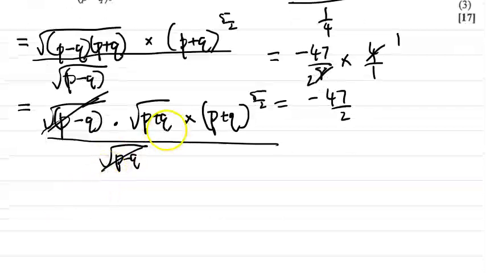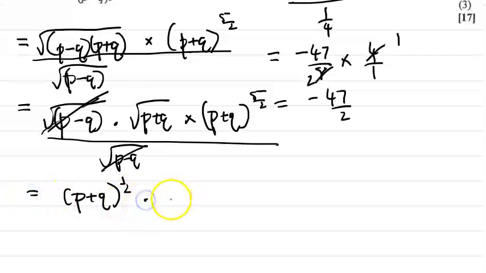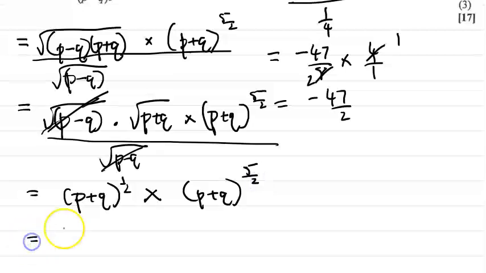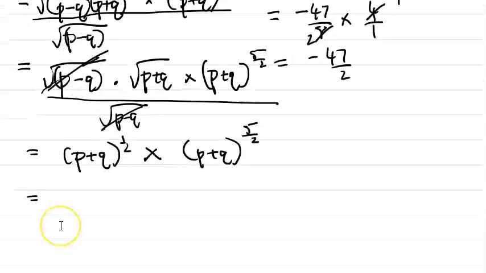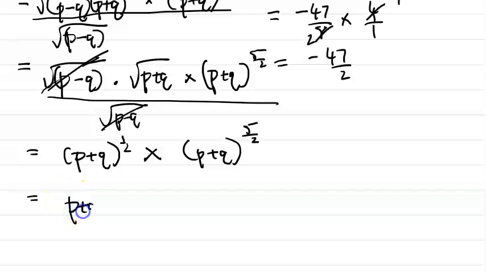So I'm left with the following. Square root of p plus q can be written as p plus q to the half times p plus q to the 5 over 2. So now that you've got common bases, p plus q and p plus q, you can add the indices. Half plus 5 over 2 will give me 6 over 2. 6 over 2 is 3. So therefore it's going to be p plus q all cubed.